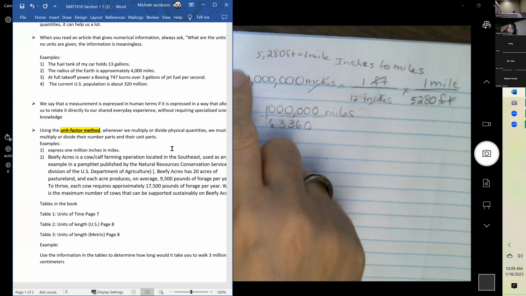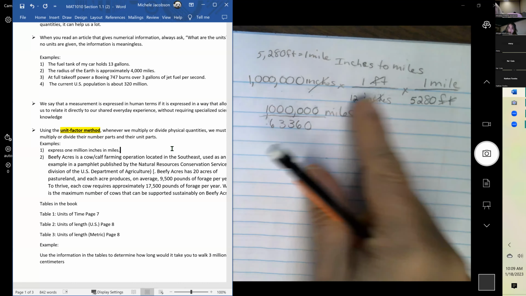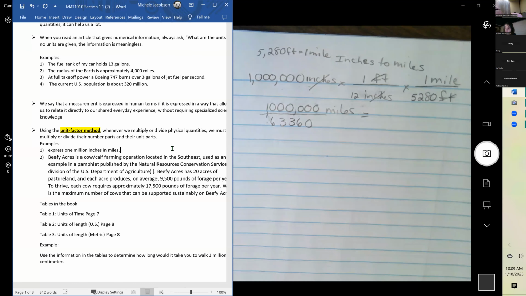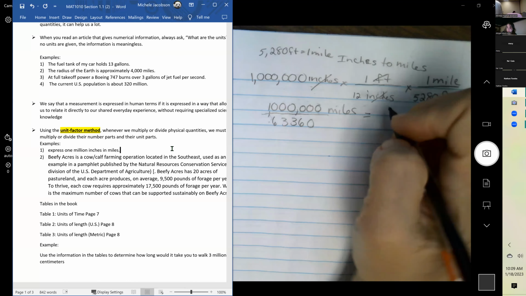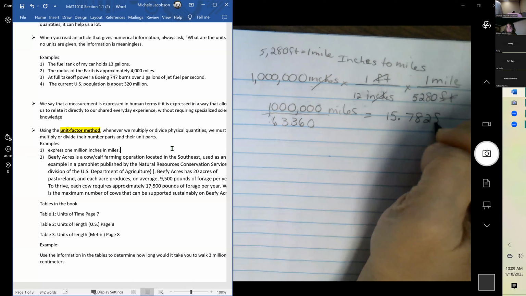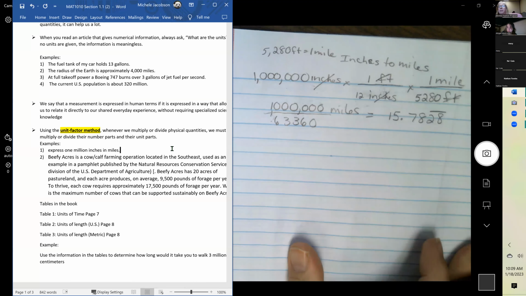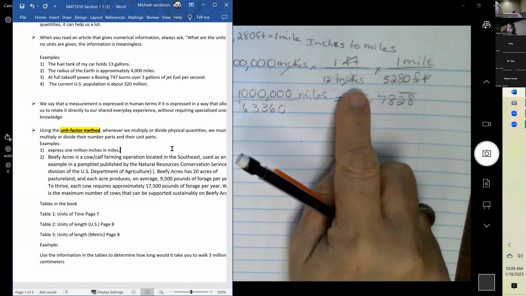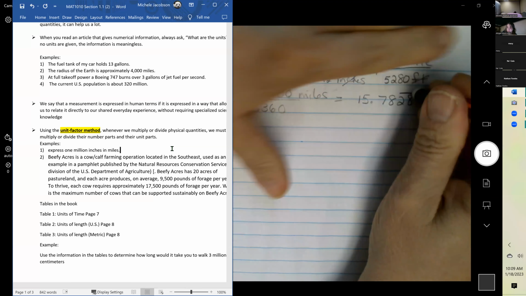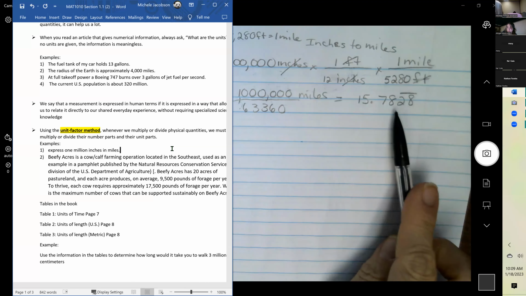Or you could take the million divided by 12 and then divided by 5,280. Now you should get 15.78. And I probably could have put the line. Well, that's okay. And then it keeps repeating.